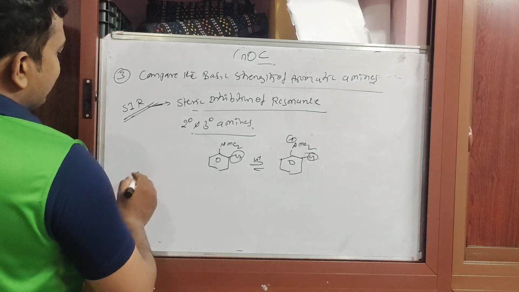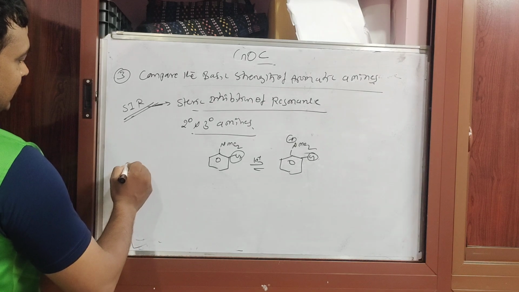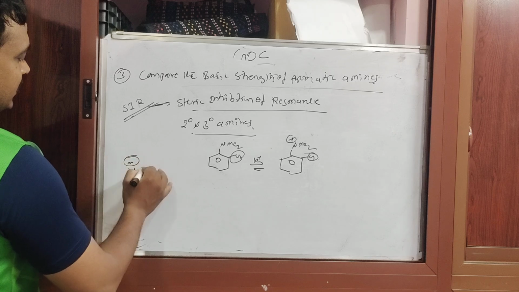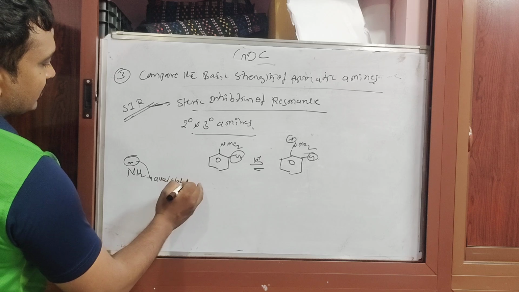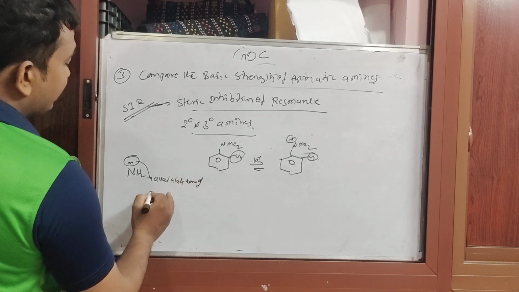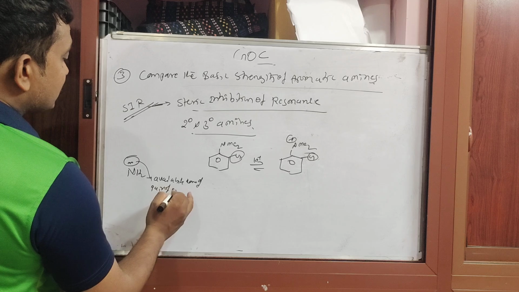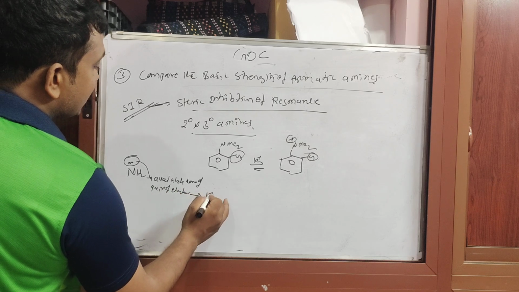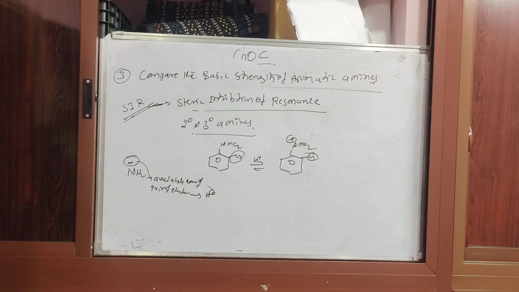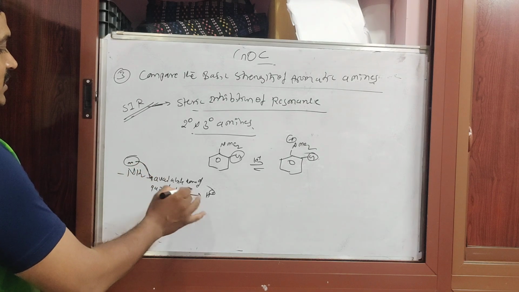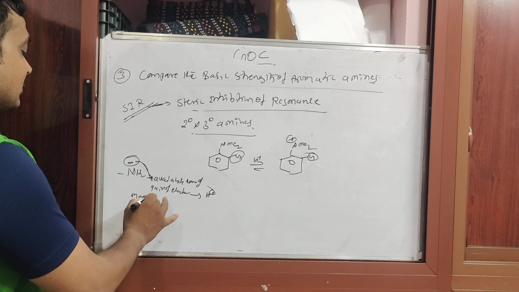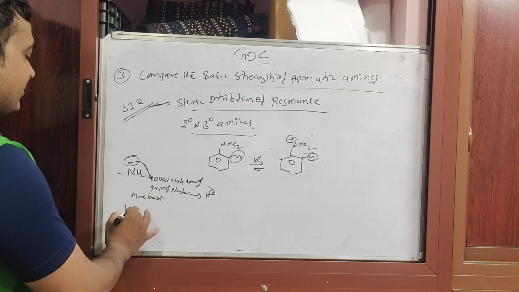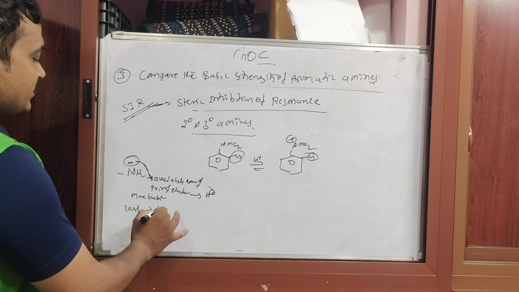If you compare the basicity, first of all, it depends upon the availability of the lone pair of electrons towards H plus ions. If this lone pair of electrons is more available to donate to H plus ions, it is more basic. If it is less available, it is less basic.